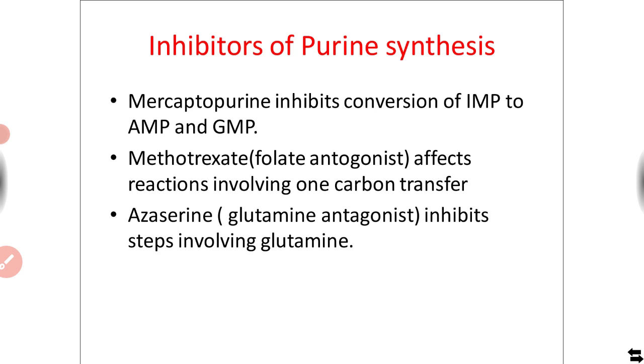Azathioprine will inhibit the reactions which involve glutamine, which is the formation of N1, N3 and N9 of a purine ring.